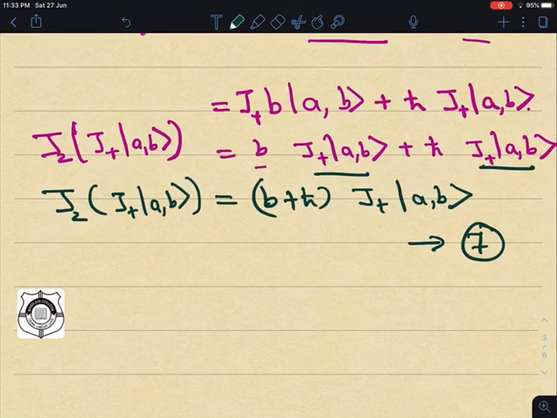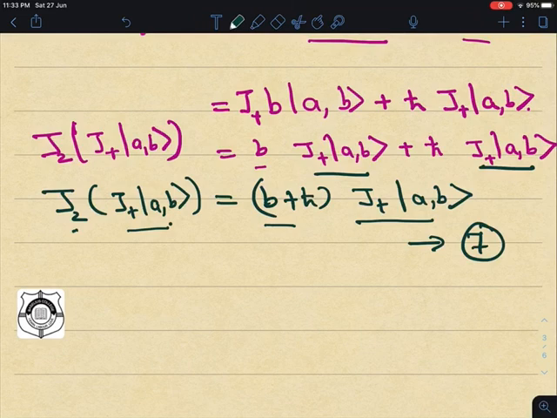Now we'll just look into this equation. Here we can see that Jz, when it is acting on J plus |a,b>, gives the eigenket J plus |a,b|. So here, an operator acting on an eigenket gives an eigenvalue times the eigenket.